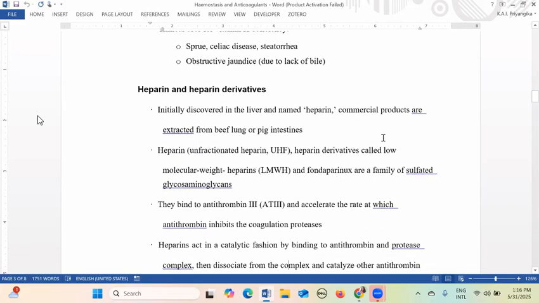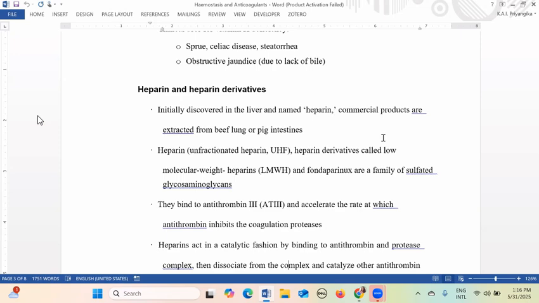Now we are going to talk about the anticoagulant drugs. Up to now, we have discussed what hemostasis is, what happens in the coagulation process, and vitamin K as an external substance to the coagulation process.